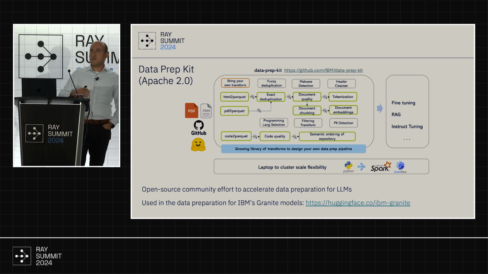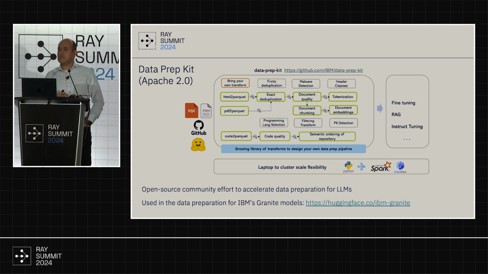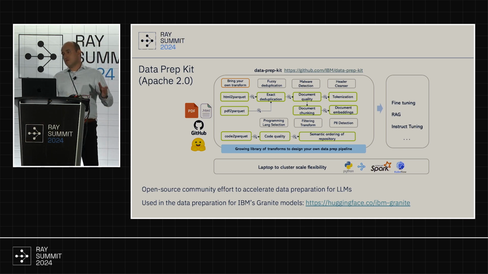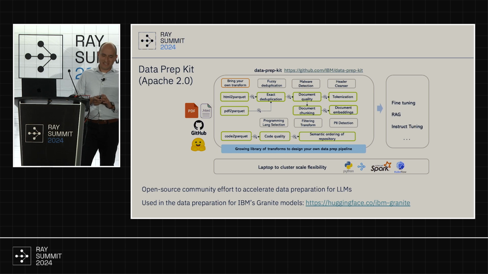But we decided to start from scratch in the sense that we wanted to make sure that we had code at scale that used one single platform. It was very easy to maintain, very easy to develop. Some of the developers are actually in the room here, so they can give you first-hand experience as well. Long story short, this is not new in the community. We are all going through some sort of data pre-processing, so we decided that instead of starting from scratch, we'd put this in the community so folks could reuse.